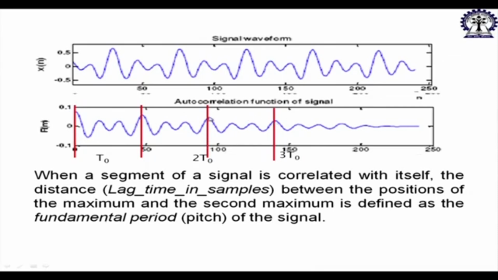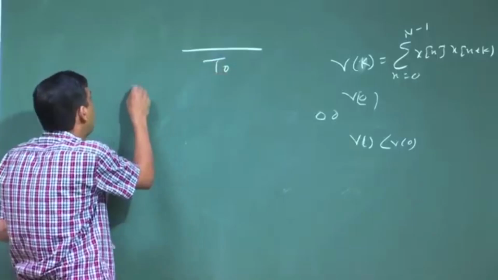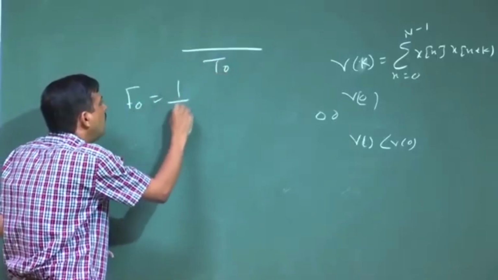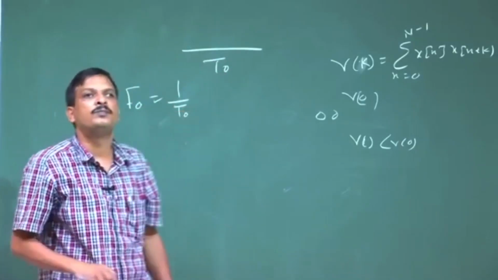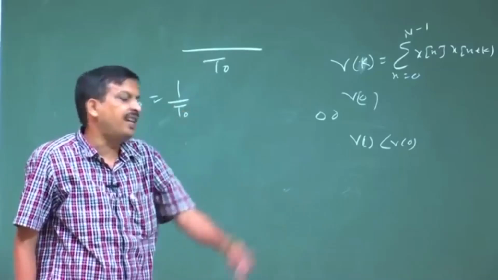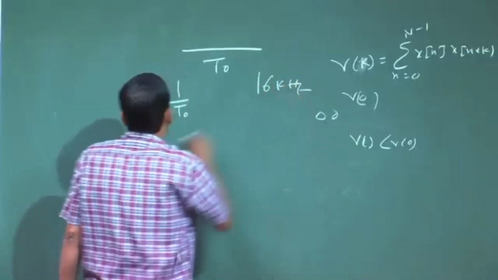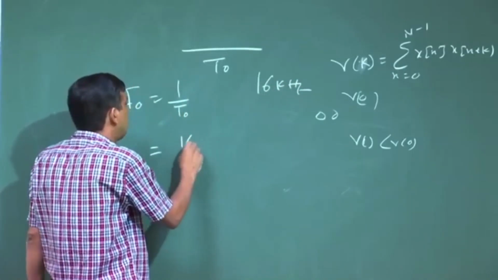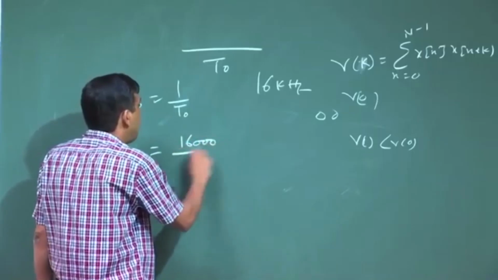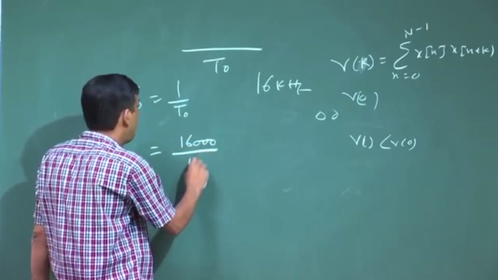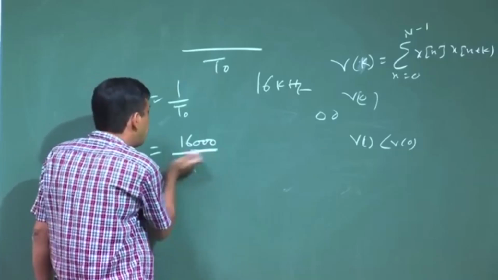So, this is twice F0, this is thrice F0. So, I can say from here to here, this 45 samples is the T0. So, what is F0? It is nothing but 1 by T0. Suppose this signal has a sampling frequency of 16 kilohertz, then F0 is nothing but 16,000 divided by T0. Let us say 45 samples. So, let us say 50 samples.